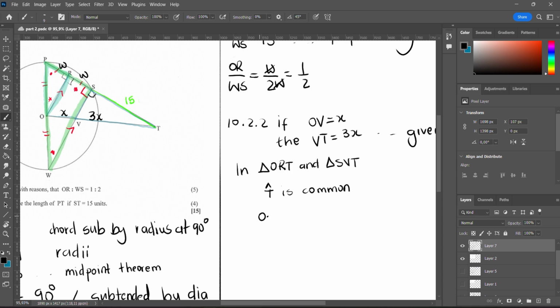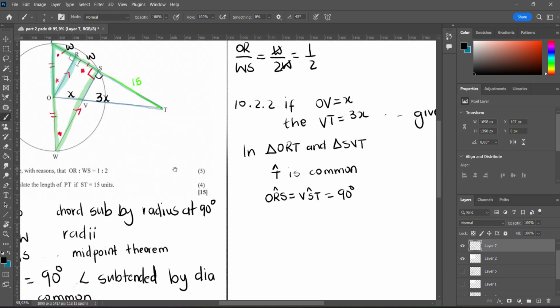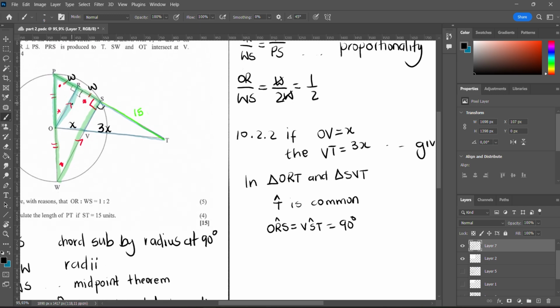So angle ORS equals angle VST, which equals 90 degrees. And we've already stated it in the previous thing. And now, since this is parallel to that, remember these two lines are parallel, this angle right here equals that angle.